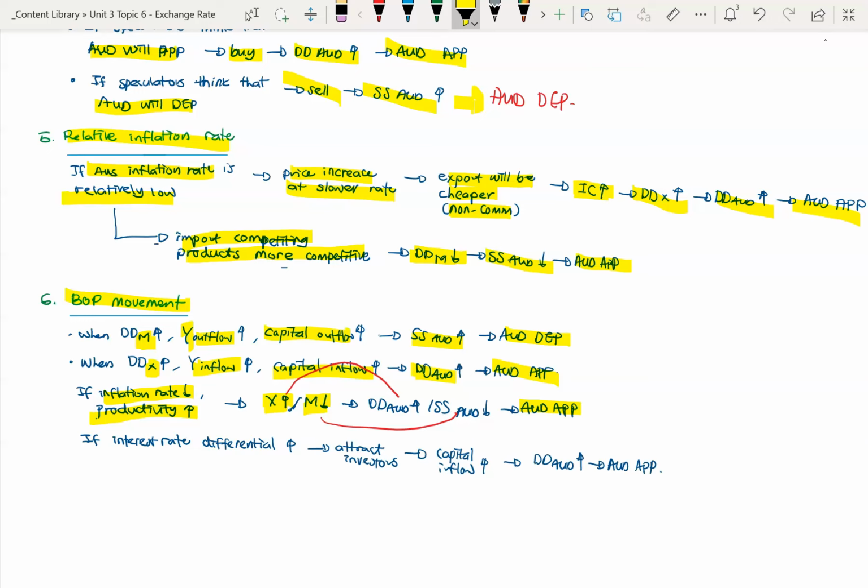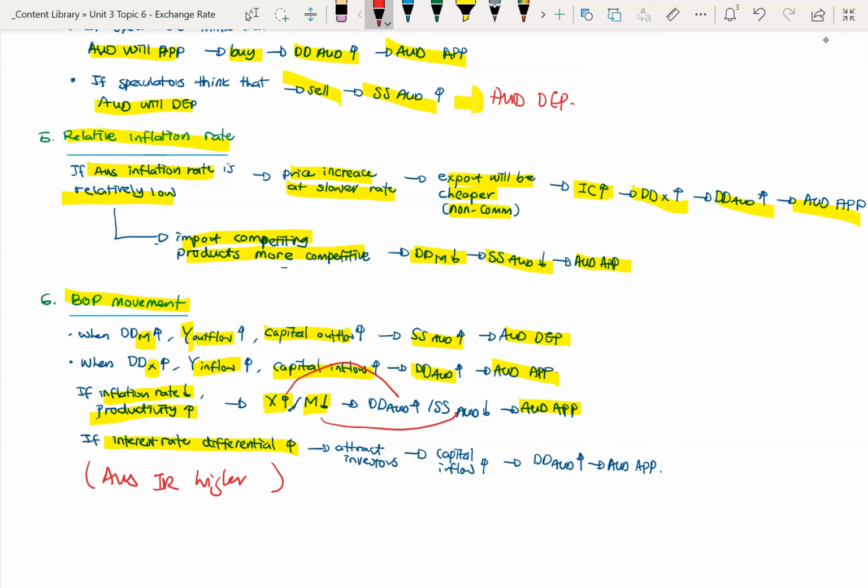Okay, then we say if interest rate differential is increasing, that means your country's interest rate is higher. Australia's interest rate is higher than other countries. Okay, your interest rate can fall. Like Australia, it has been falling, but as long as it is higher than other countries and the gap is wider, fall to 0.75, other country 0.25 already.